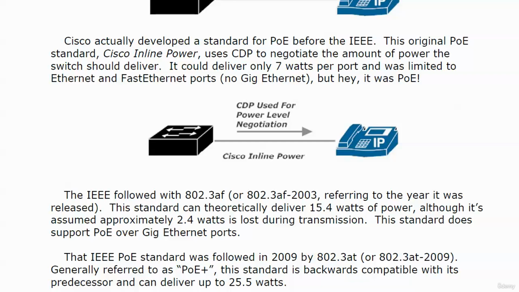That IEEE PoE standard was followed by another one in 2009, 802.3AT, which again can have a -2009 on the end of it, but it's generally referred to as PoE+. Now, this standard is backwards compatible with 802.3AF, and it can deliver up to 25.5 watts. So we're getting a little more power as we march on.